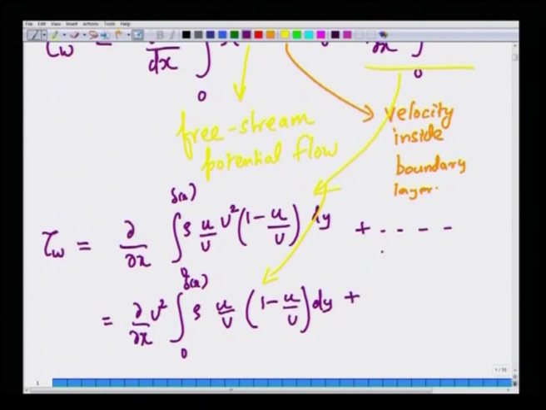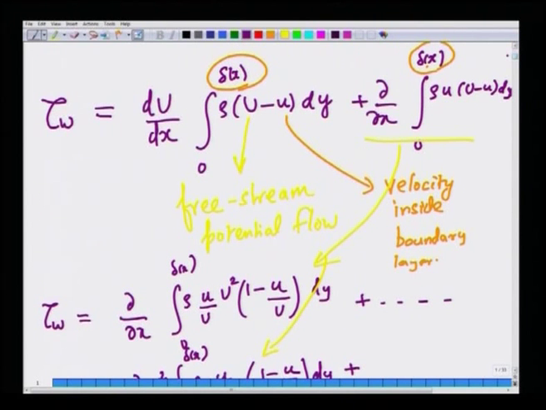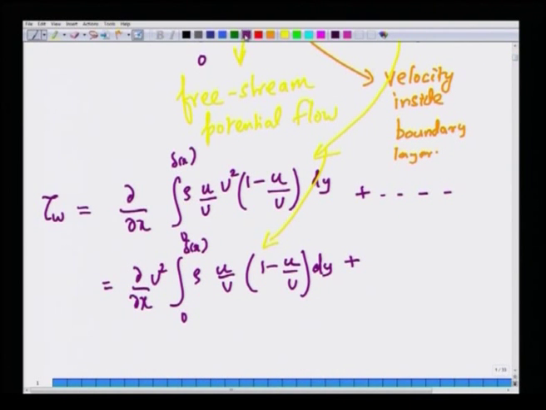Now, the first term can be simplified as follows. If you look at the first term, you have u dU dx. So, I can again pull out a factor of capital U and write this as dU dx times integral 0 to delta of u times rho times 1 minus u by U dy.